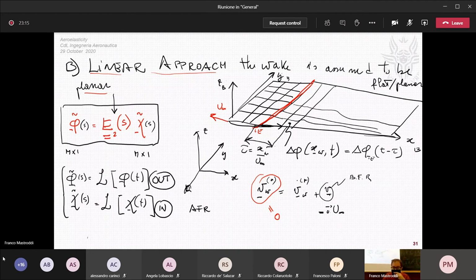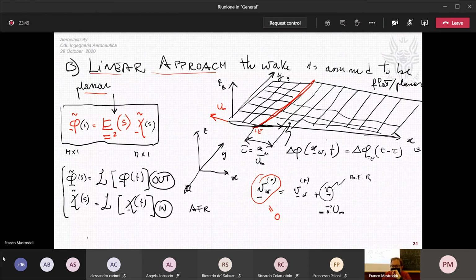Second step. Consider at a time your wake panel here, and you have at this wake point x wake a delta phi at the current time t. Now this delta phi value is related to the value at the trailing edge.